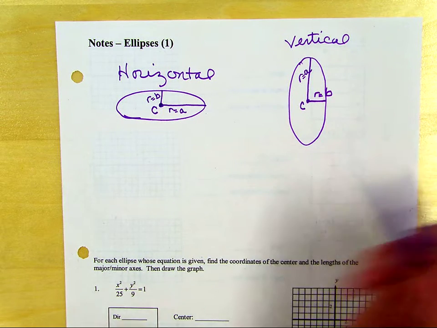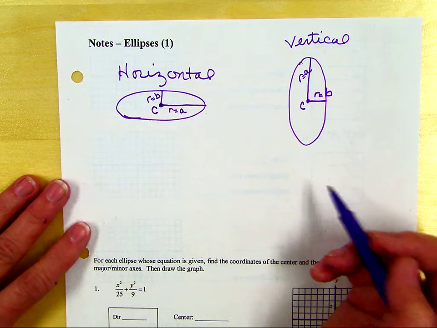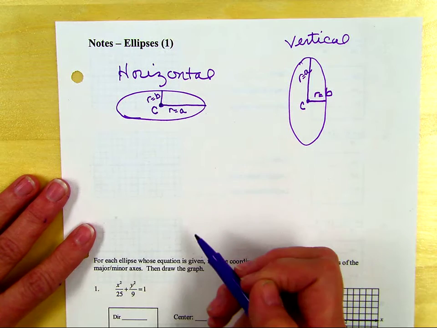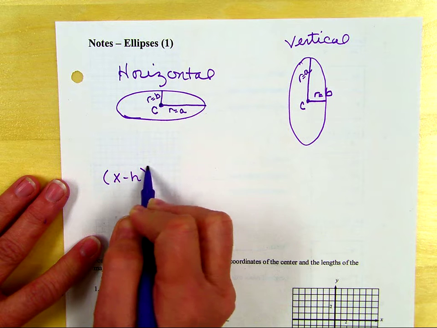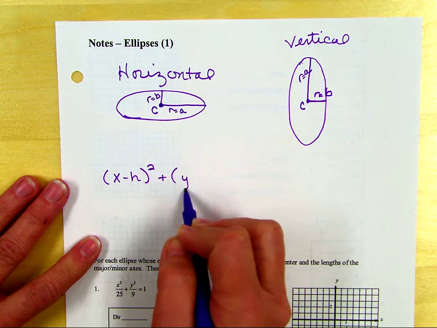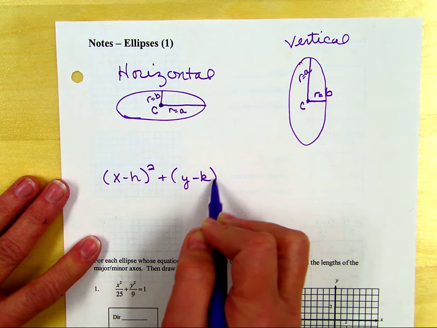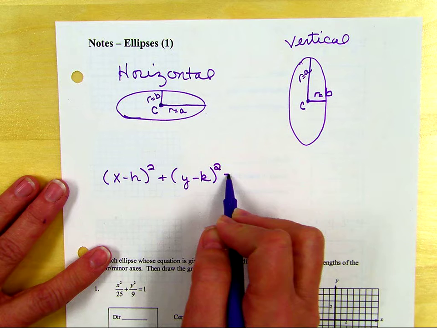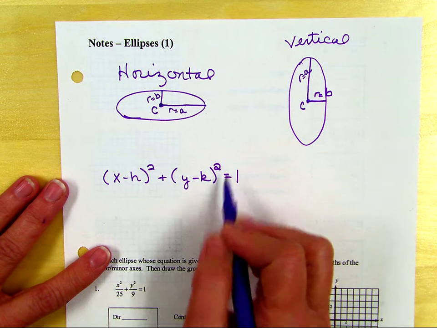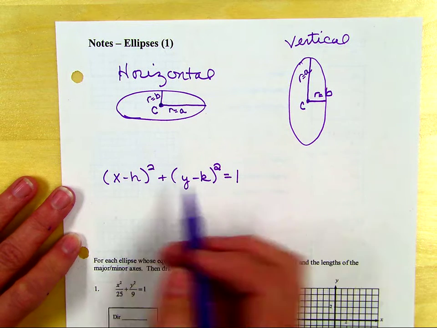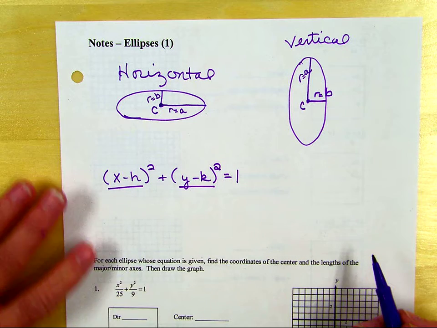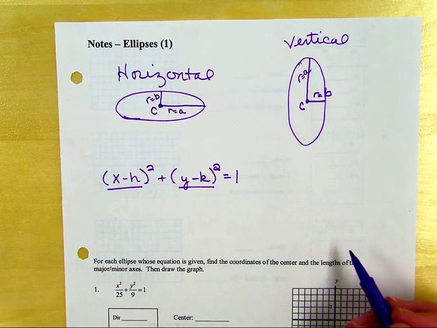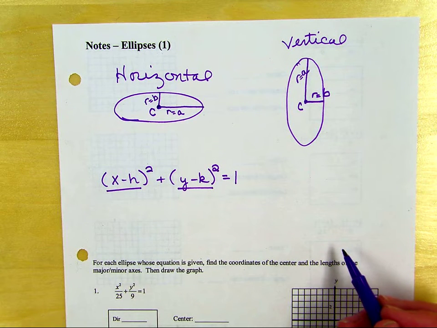The equation for a horizontal ellipse is (x minus h) squared plus (y minus k) squared, but it equals 1 always. The two radiuses are on the bottom of a fraction, just like in a circle, it's the radius squared.